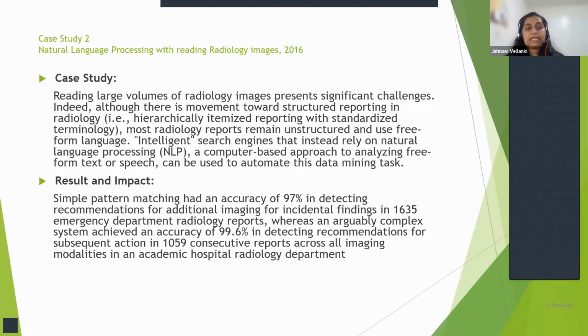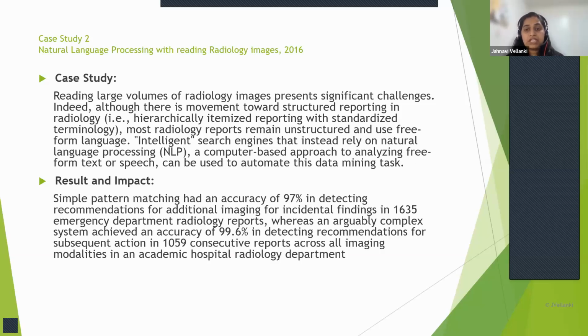The team had used intelligent search engines, the NLP model, to use a computer-based approach to analyze the free-form text-to-speech structure, which was basically used to data mine all these images.